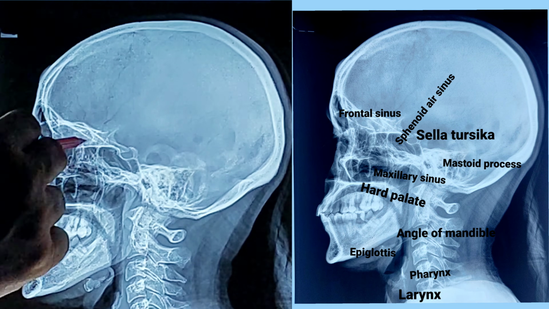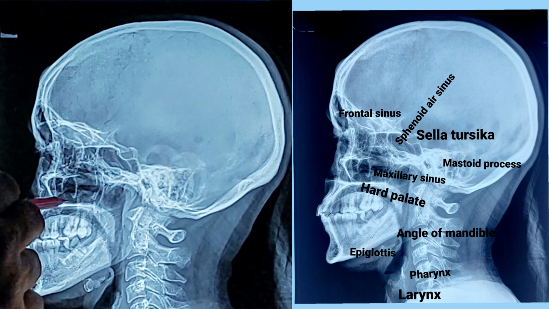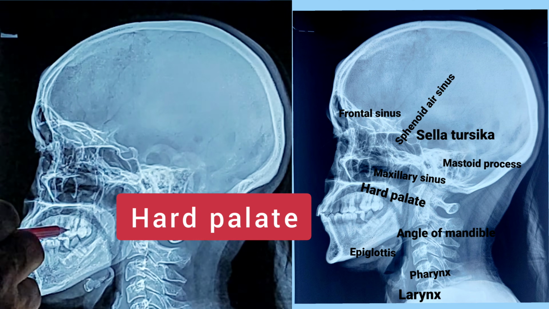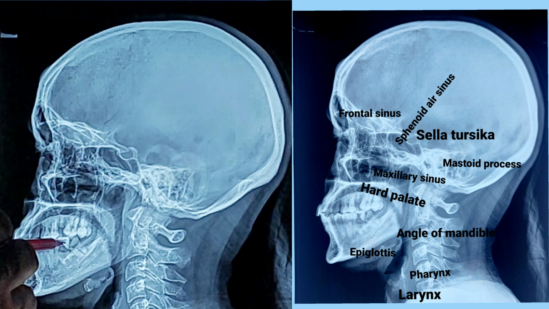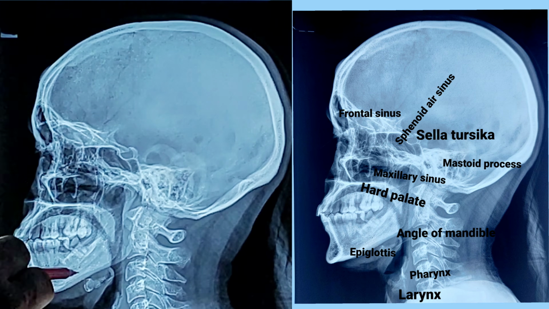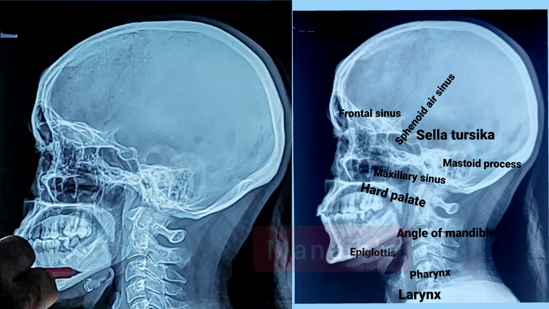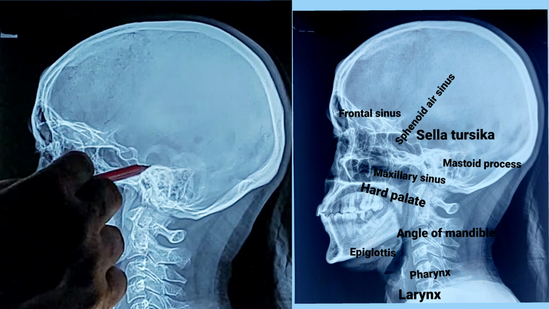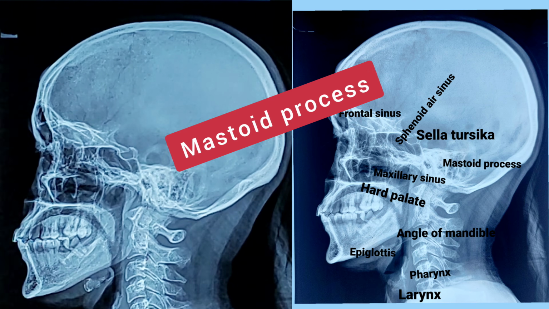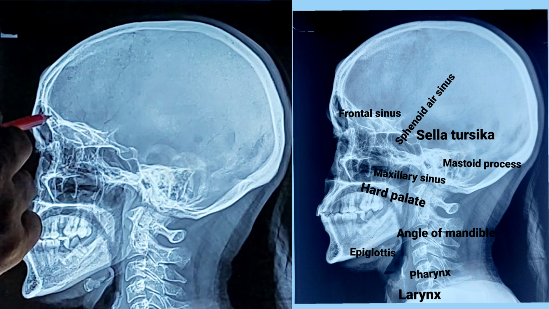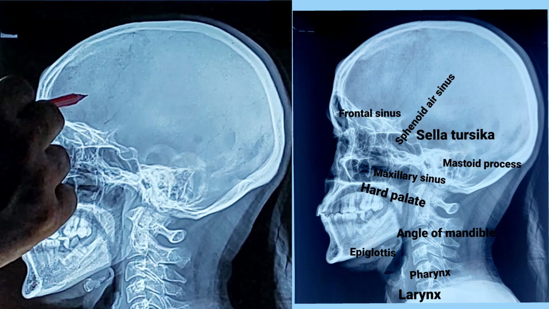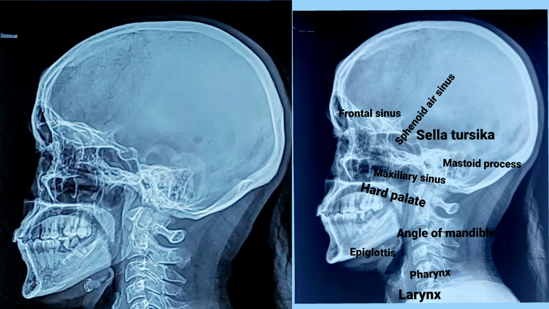And other radio-opaque areas are, here is the hard palate, here are the teeth from the upper jaw, teeth of the lower jaw, and the shadow of the mandible, and here this shadow is the mastoid process of the temporal bone, and here are the radio-opaque areas of the frontal bone.